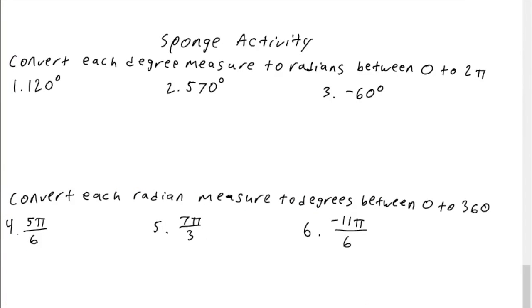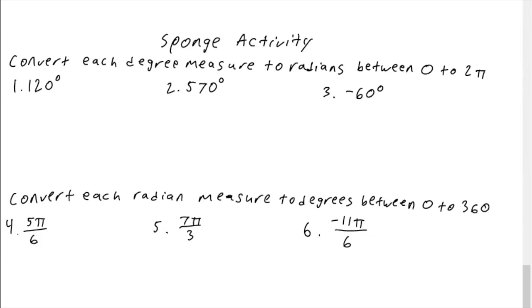Alright, now time for the sponge. For the first three, I want you to convert each degree measure to radians between 0 and 2 pi. So convert each of these degrees to radians: 120 degrees, 570 degrees, and negative 60 degrees. Convert them to radians, and then change them so they're between 0 and 2 pi, like we just did.